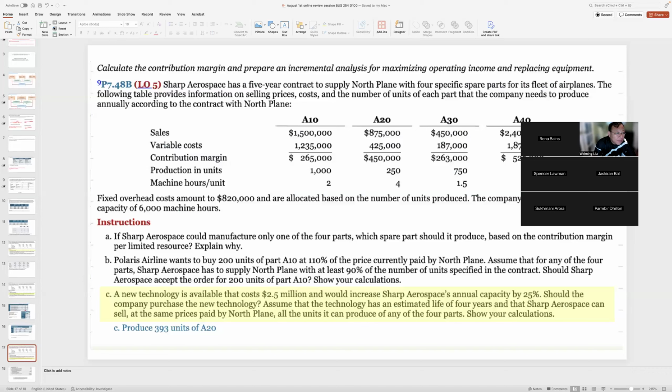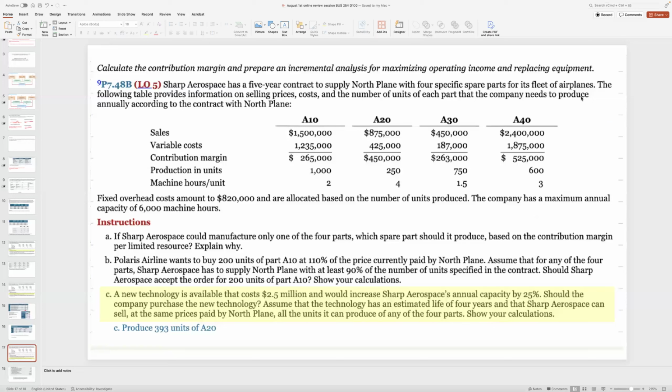So part 3. Okay, part 3. A new technology is available that costs 2.5 million and would increase Sharp's annual capacity by 25%. Should the company purchase the new technology?